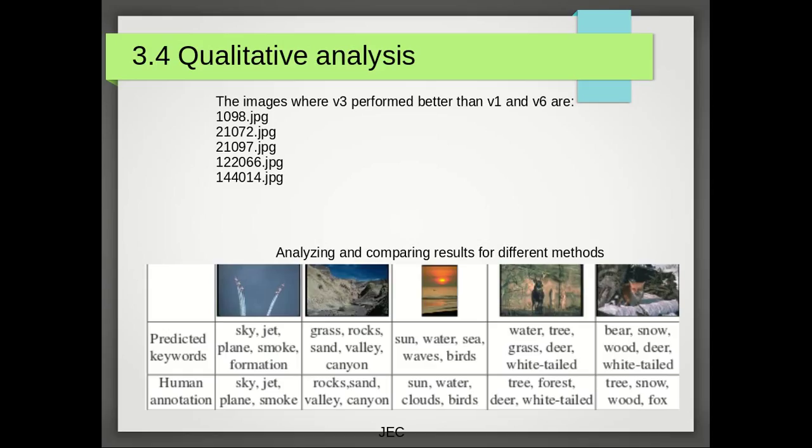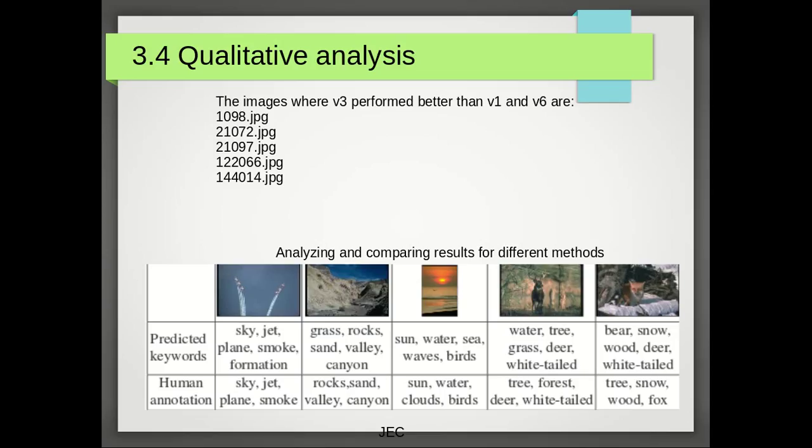Next, we were supposed to do the qualitative analysis for different variants of these methods under different settings. We did this for V1, V3 and V6, that is JEC, TagProp Sigma SD and 2pkNN, using feed 2.